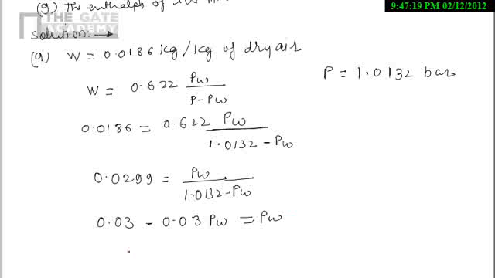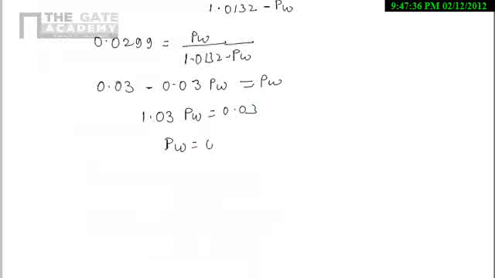So 1.03 Pw equals 0.03. If we divide 0.03 by 1.03, I will get Pw equals 0.03 bar. So the answer of the first part, the partial pressure of water vapor, will be 0.03 bar.